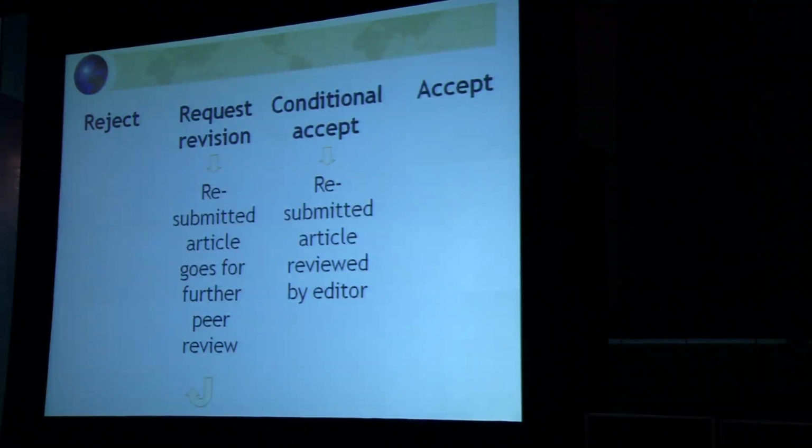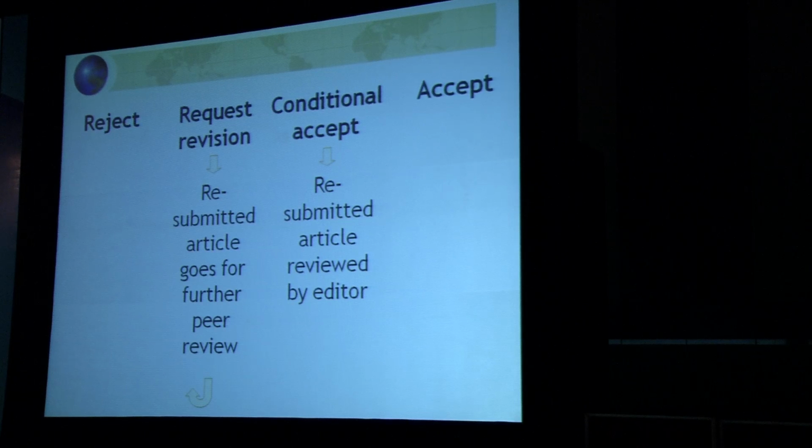Well, if we come back to this slide and have a look at the revision request, the second column, if we request revisions, that means what it says. This paper cannot be published unless it is changed, unless the recommendations we suggest are taken on board.